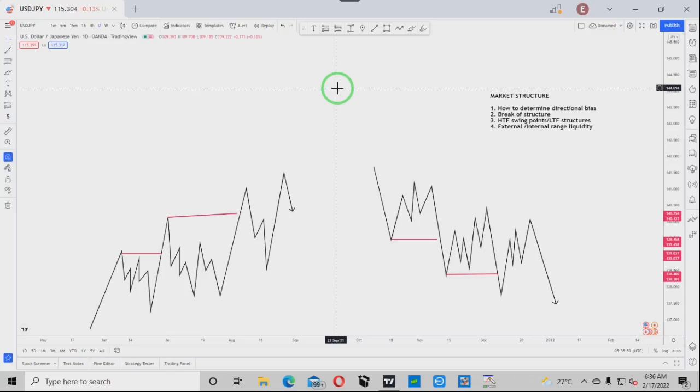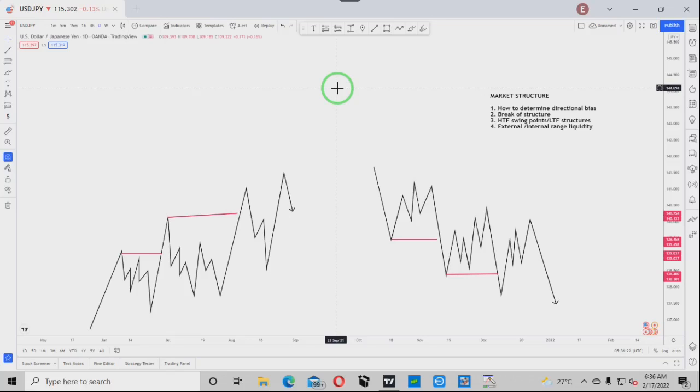Number 2, we want to look at break of structure. We have 3 types of break of structure, and we will tell you the one that we use at Rally Top. Number 3, the higher time frame swing points and the lower time frame structures. Very, very important. And finally, the external and internal range liquidity.